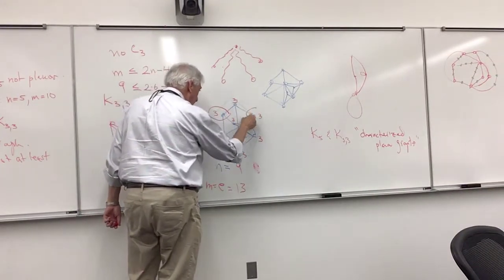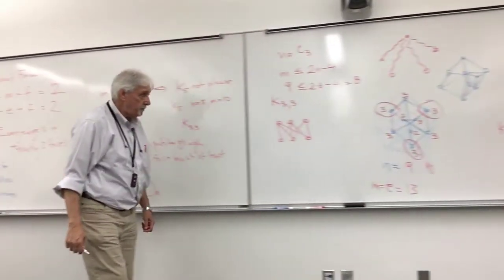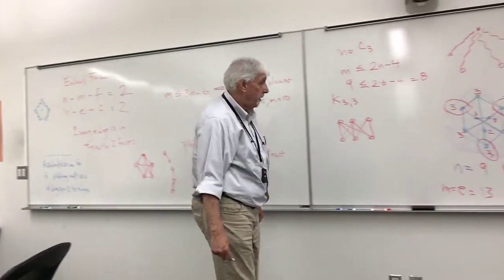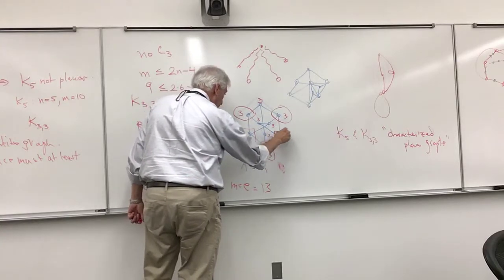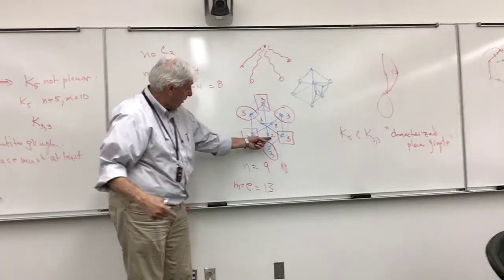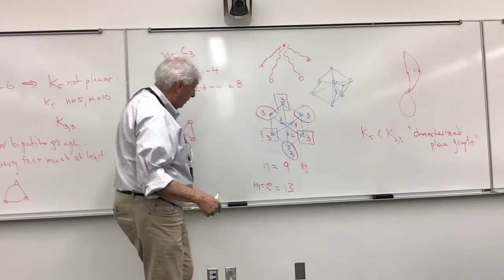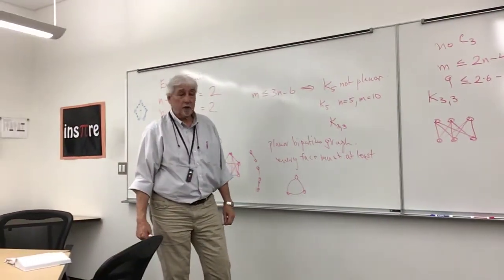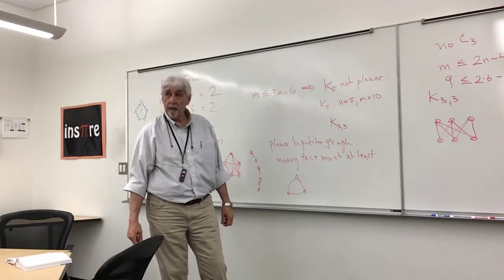What if I choose these 3 vertices, and I choose these 3 vertices. I know this vertex here isn't going to help us much, because it's only got degree 2. So are there disjoint paths or edges between every square 3 to every circle 3?